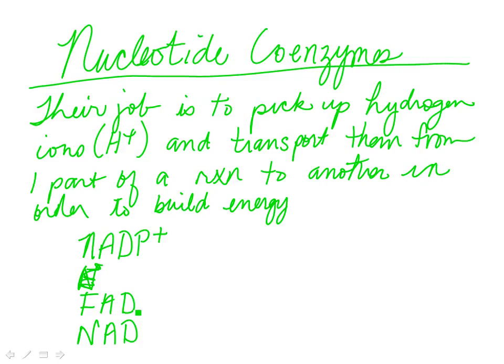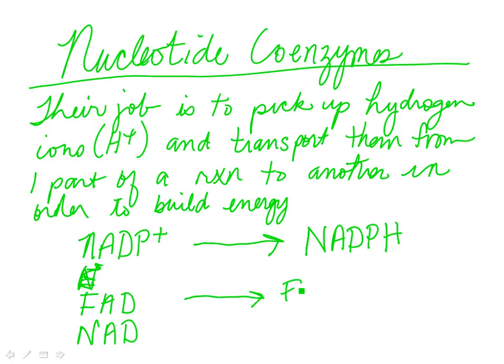Once they pick up the hydrogen ions, you'll see NADP plus become NADPH. Once FAD picks up its hydrogen ions, it will be reduced to FADH2, and then NAD will become NADH.